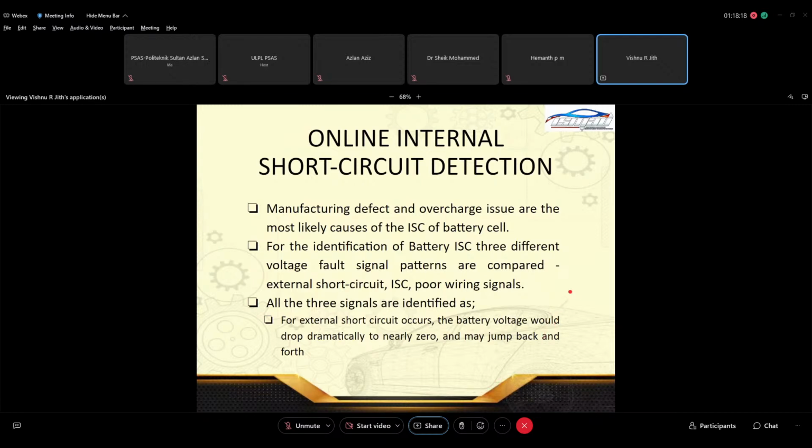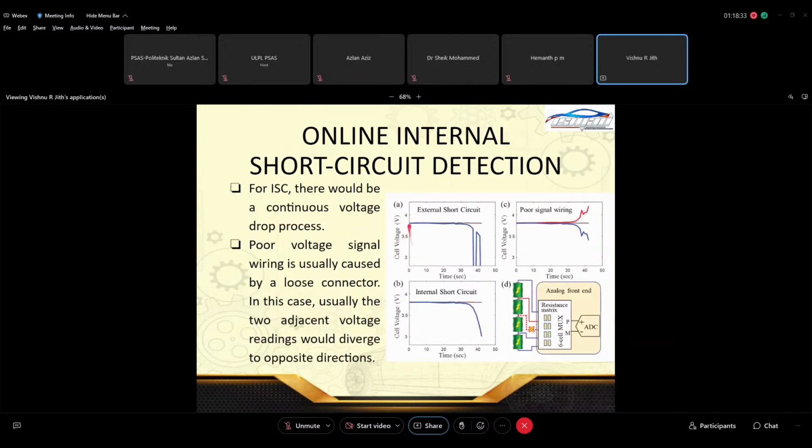In these three signals, when the external short circuit occurs, the battery voltage drops dramatically to nearly 0. Here we have the graph showing the nature of the external short circuit voltage.